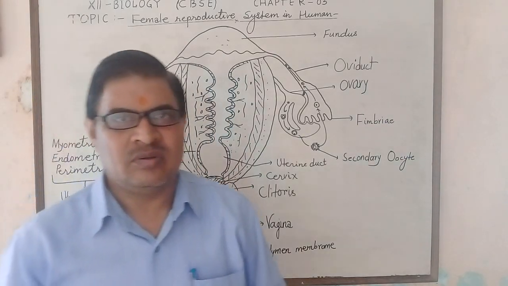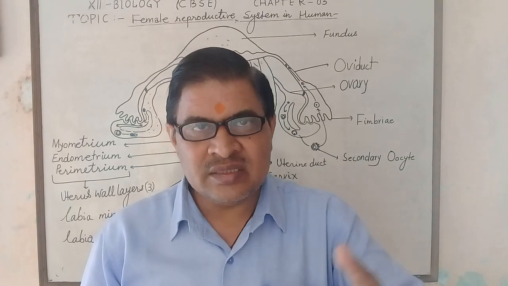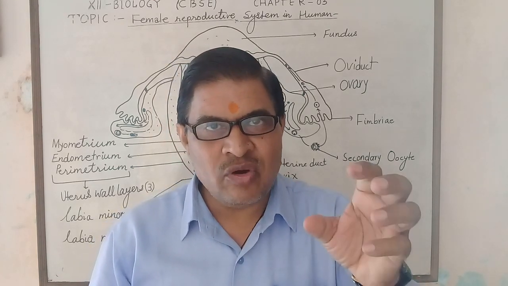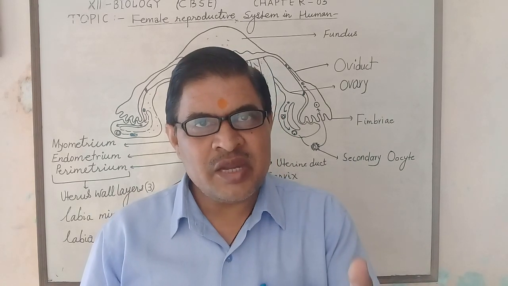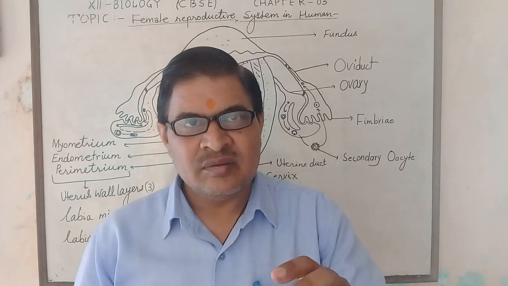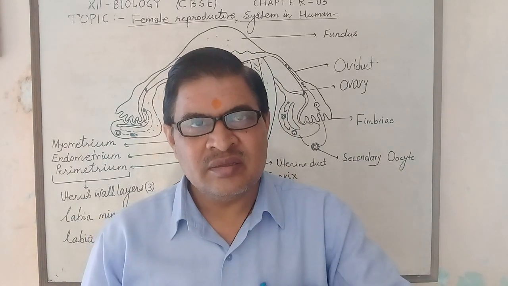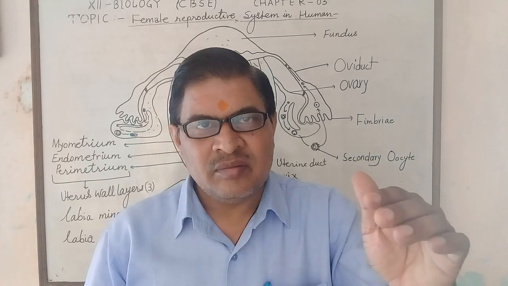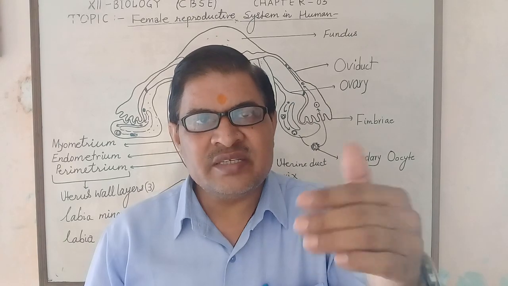As you know, the blastocyst is the embryonic stage, a 32 cell structure which has a blastocoel that separates the trophoblast layer from the inner cell mass.